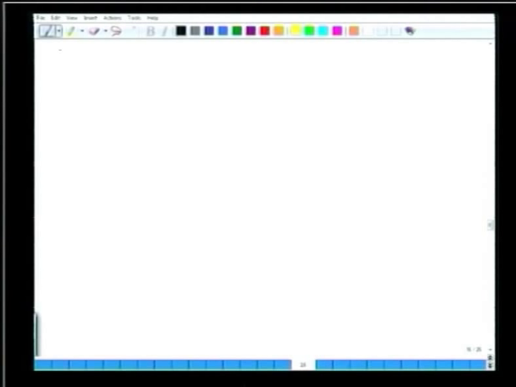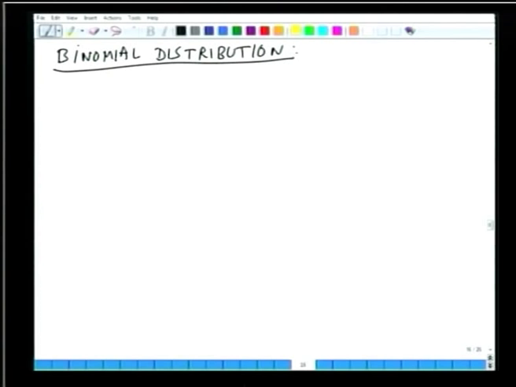Okay. So, let us first look at the binomial distribution. As I said that binomial distribution is a very special type of distribution which is applicable under very unique or different kind of situations. Okay.